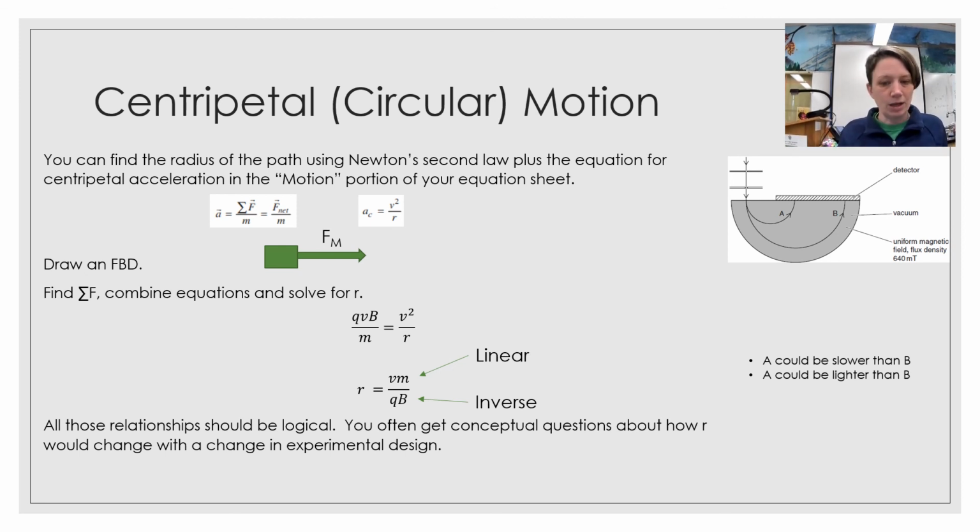A could be lighter than B. A very light particle would turn on a very small radius. Or, on the flip side, A could have more charge than B, because if it's a higher charge particle, it's actually going to get more magnetic force from that field, and it would turn tighter. Or, of course, if we somehow are changing the magnetic field, A could indicate a stronger external magnetic field. So, in any case, all of these relationships come out of that equation, but you should just be able to explain them conceptually.